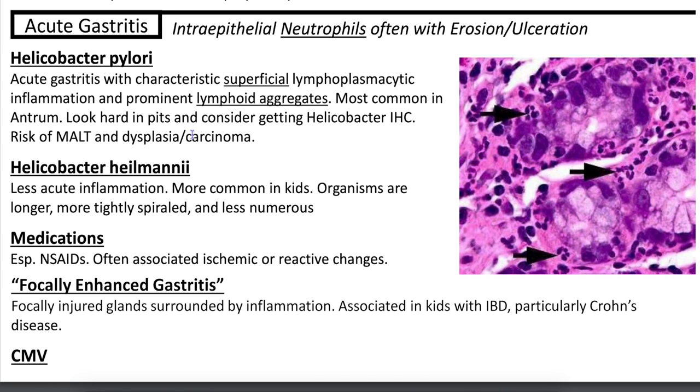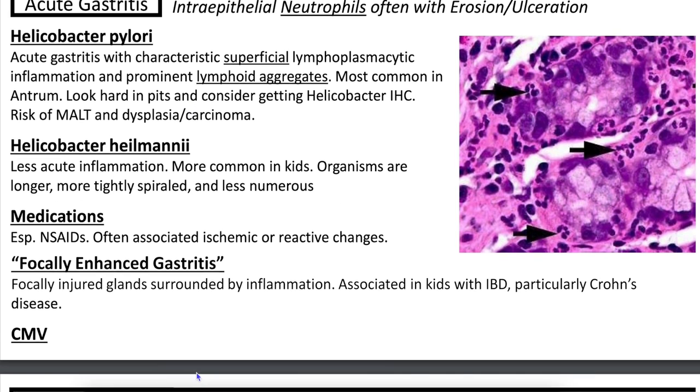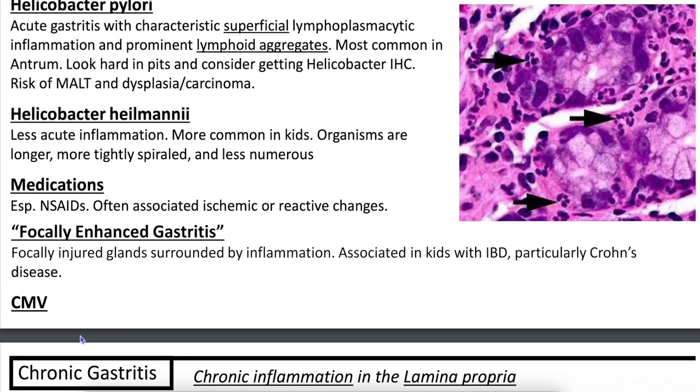Medications, especially NSAIDs, which can cause ischemic or reactive changes, and focally enhanced gastritis, which is focally injured glands surrounded by inflammation. It's associated in kids with IBD, such as Crohn's disease, as well as CMV. Look for those large inclusions.